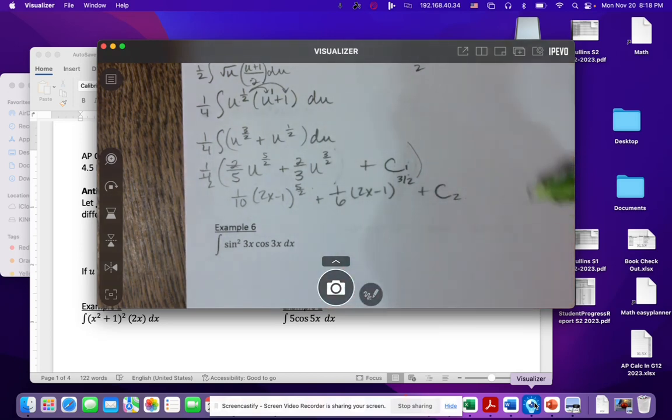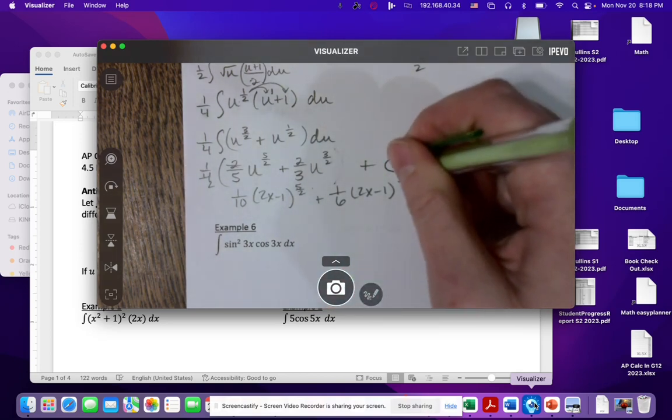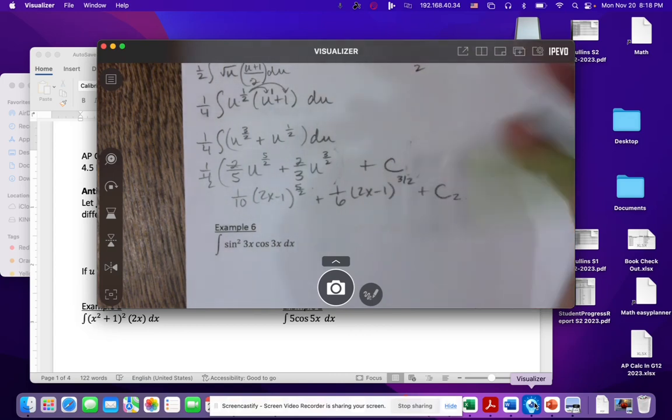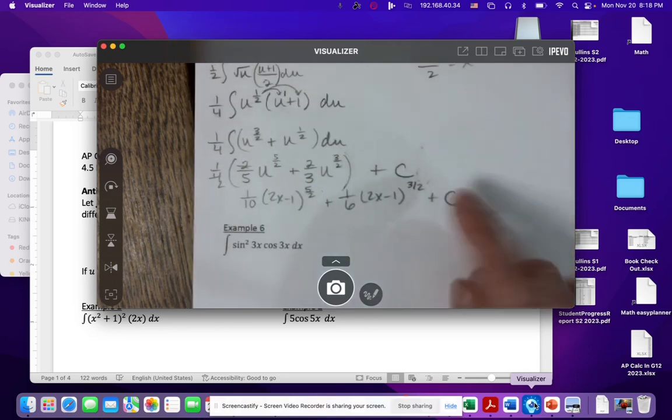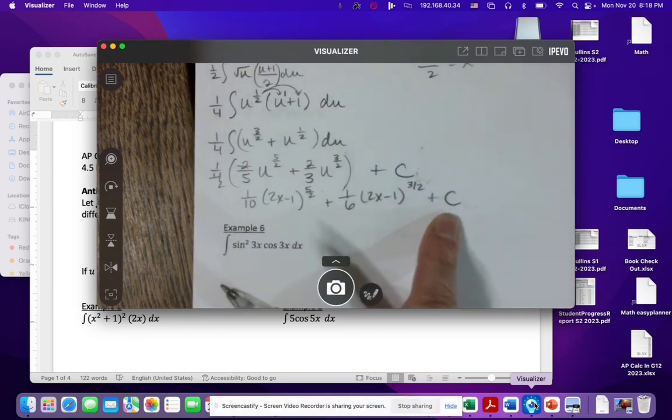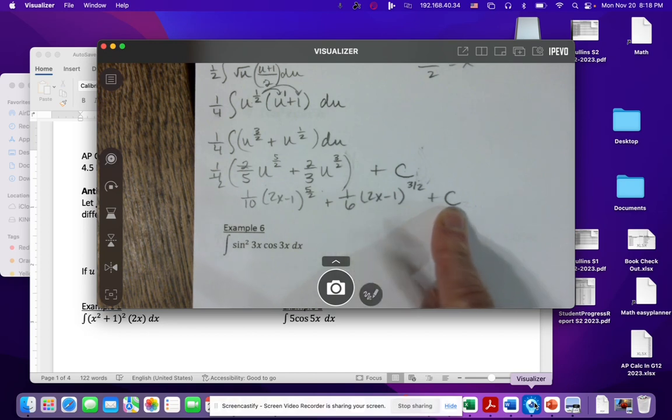And we really don't want to do that unless we absolutely have to. So the way I'm handling it here is just by ignoring it and putting it at the end. And then I don't have to have multiple C's throughout the problem. It's just one constant. It doesn't matter if it's 1/4 C or just C. Either way, it's a constant. This is a simpler way to write it. So we would never write a 2 in front of our constant or a constant plus 4.